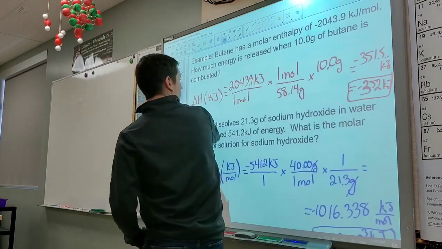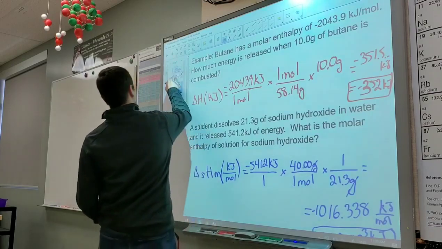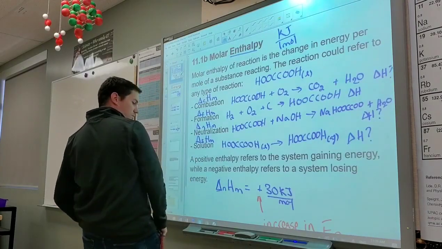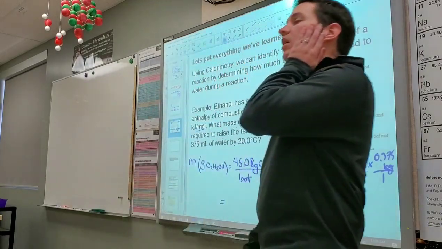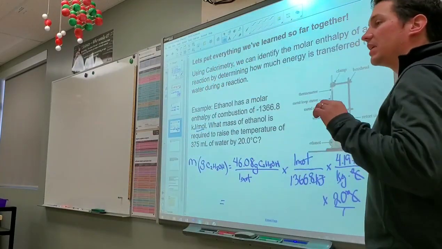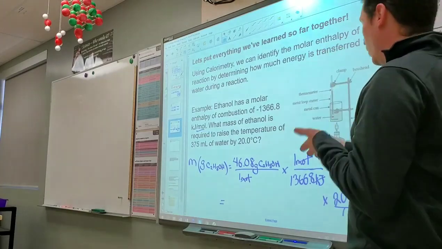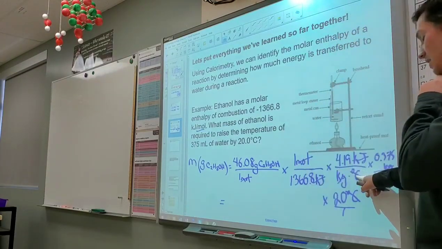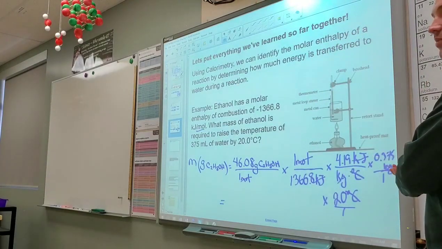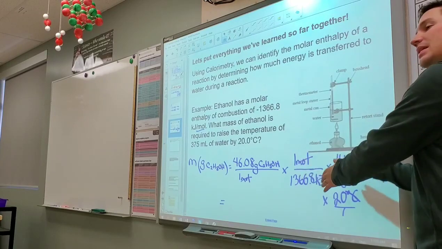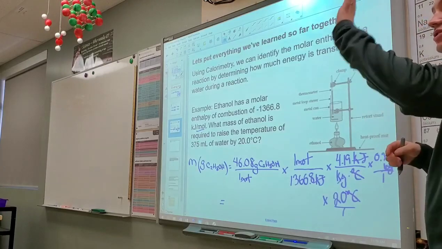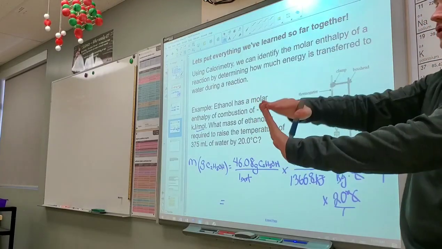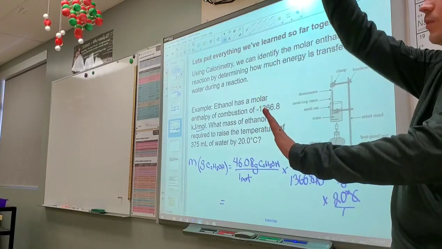The last equation, when we did it, that was in the previous notes package. The reason we didn't do it there is because the degree Celsius stands for change in temperature. So we had to calculate the change in temperature, then see, okay, if we started here and we're changing by this much, where can we end up?